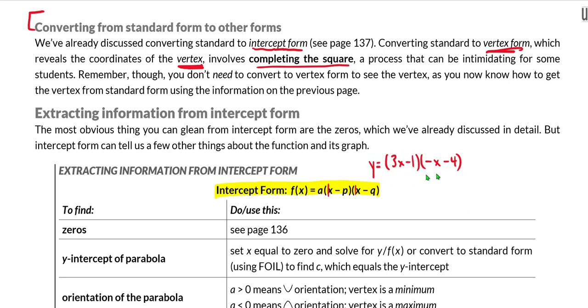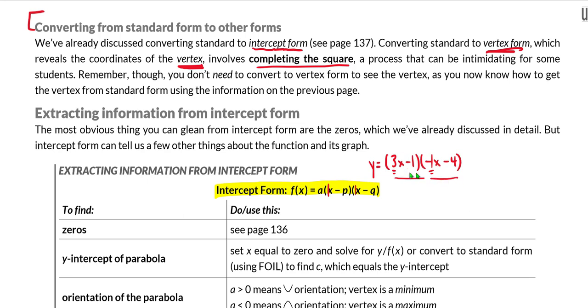But in order to convert all of this into intercept form, we would need to factor the 3 out of this first factor, and we would need to factor a negative 1 out of the second factor in order to get this in pure intercept form. Right now, we would probably just call this factored form, a less specific form than intercept form, where we have our two factors.